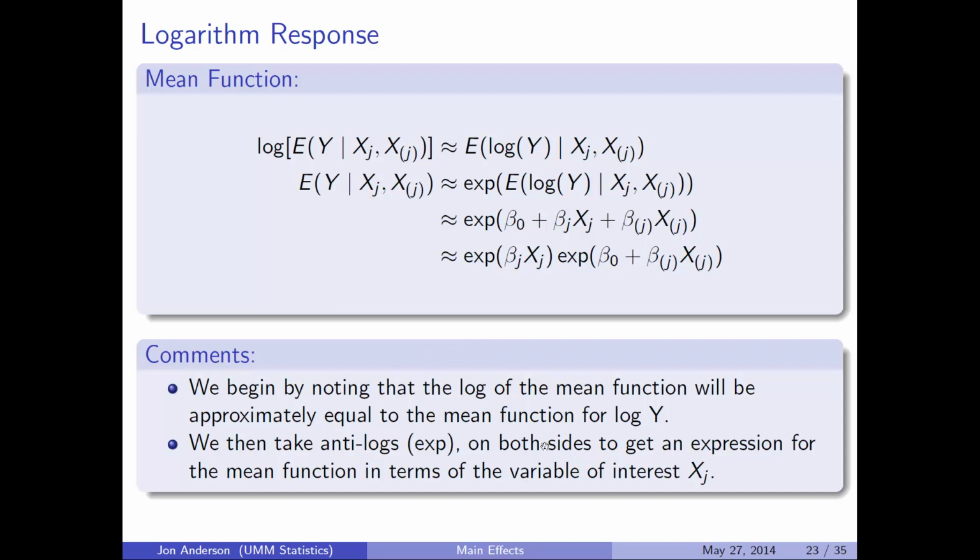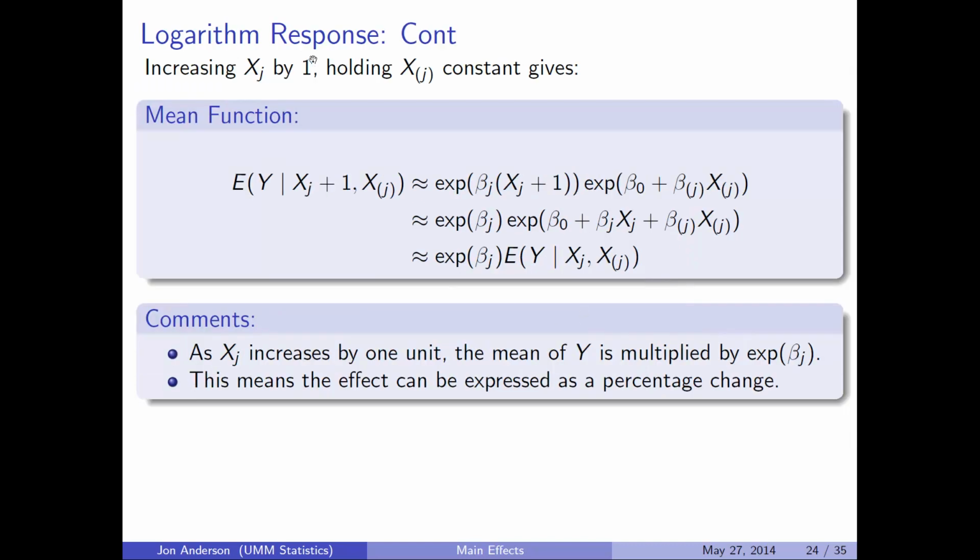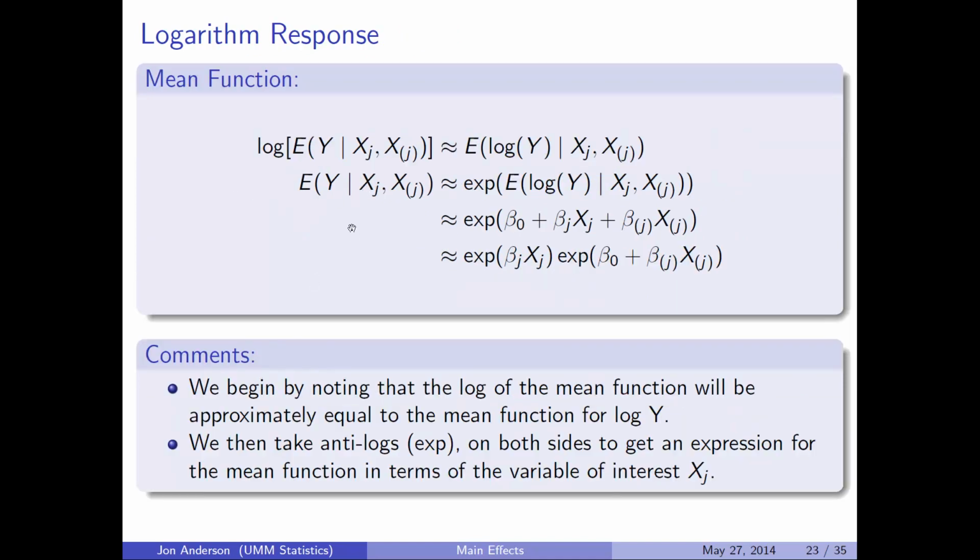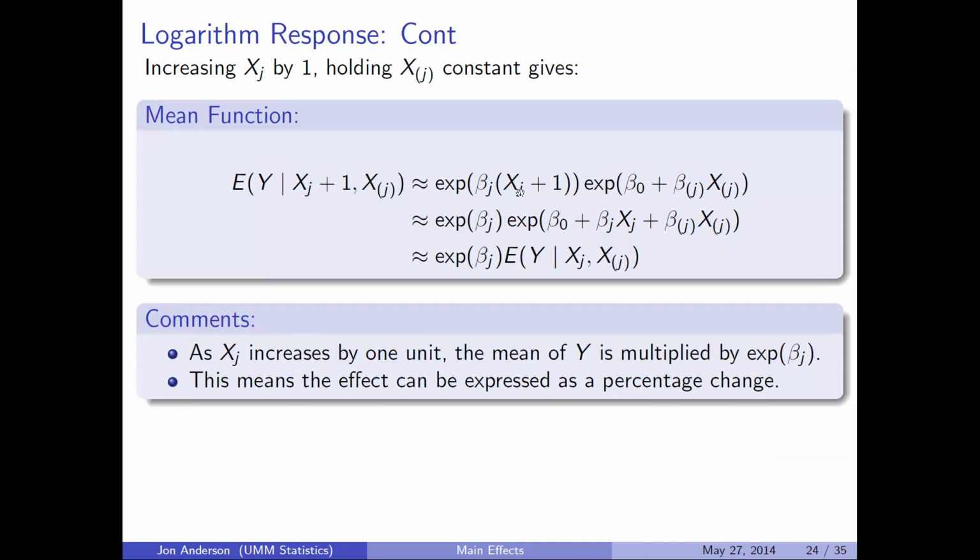Please notice that you have an expression here that involves xj, and it also involves the rest of the betas and the x's. Okay, let's go further. Now we're going to increase xj by 1. On the left side I'm just taking a 1 unit increase in xj, and on the right side, everywhere there's an xj, I'm going to add 1. The rest of the terms remain the same. I will bring beta j in on xj and beta j in on this 1 so that I get an extra e to the beta j term.